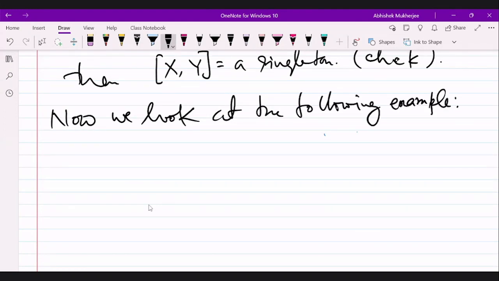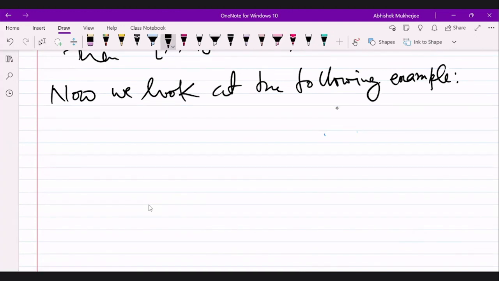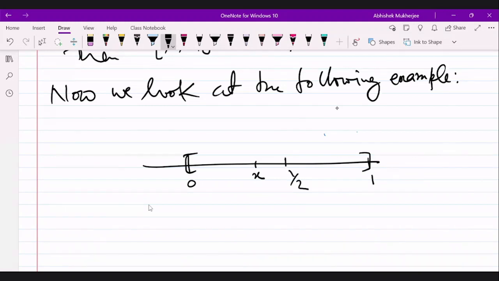Suppose you take the closed interval [0,1]. Then suppose you take any X here, this can be moved to the point half by choosing a line segment.